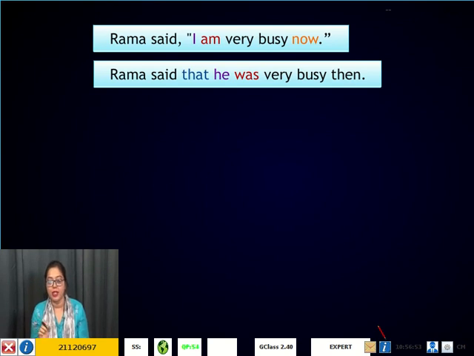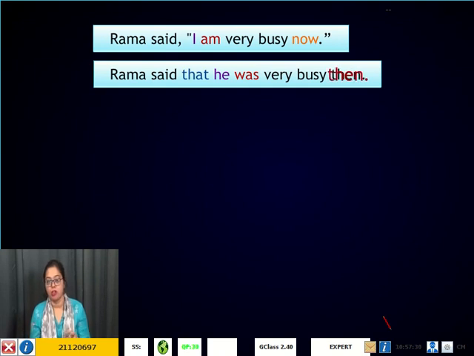Okay, what do we say? Rama said that he was very busy then. So am gets converted into was, and now gets converted into then. I hope till here the concept of direct and indirect speech is clear to all of you. Great. Now you see, that is also highlighted. Here I is highlighted, am, he. So I becomes he, am becomes was, and now converts into then.